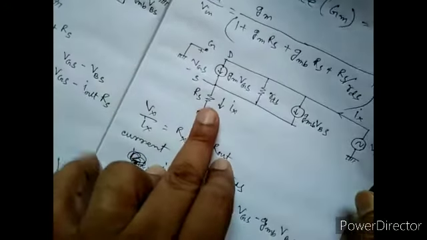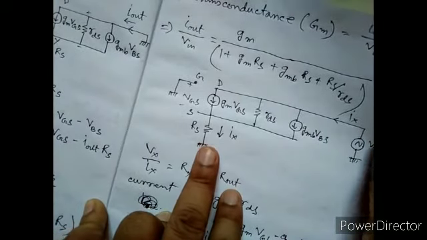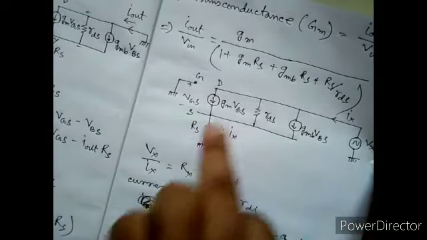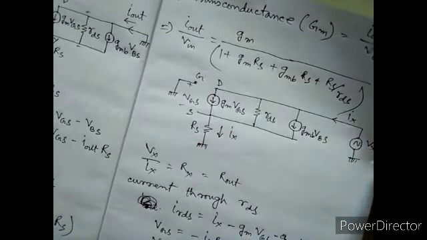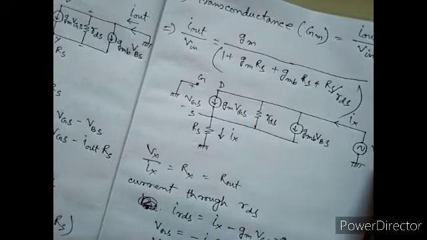Okay, from there if I want to find out Vx, the total potential difference applied across here, Vx equals this RDS into IRDS.